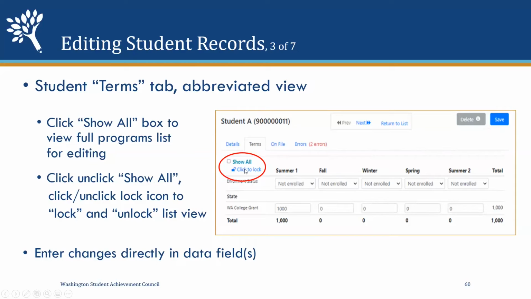If you click to unlock it and then unclick this show all, it will revert back to this abbreviated view that shows only the active programs where you've shown an award paid out. Once again, you would click directly into the fields to make the changes you need.